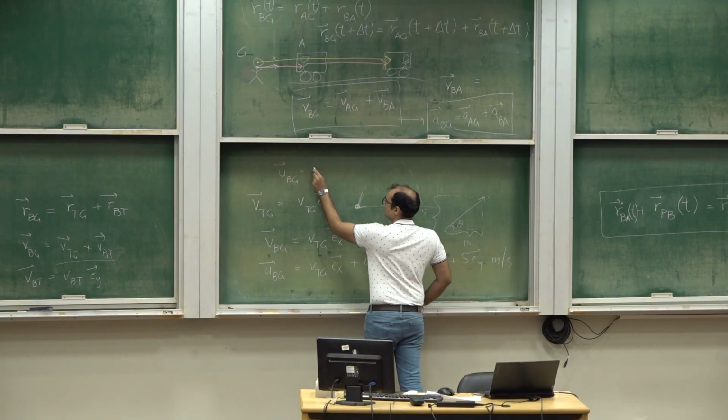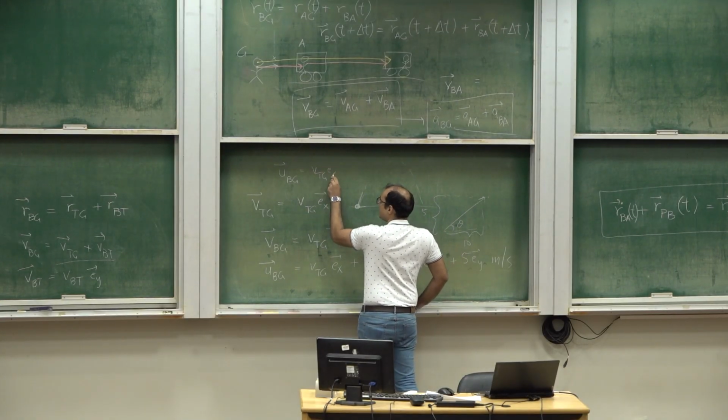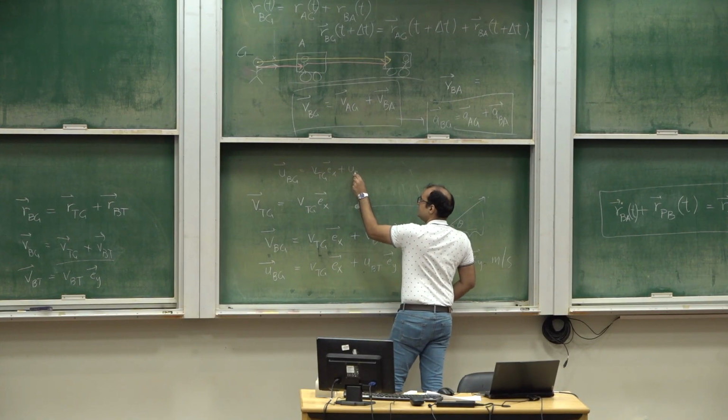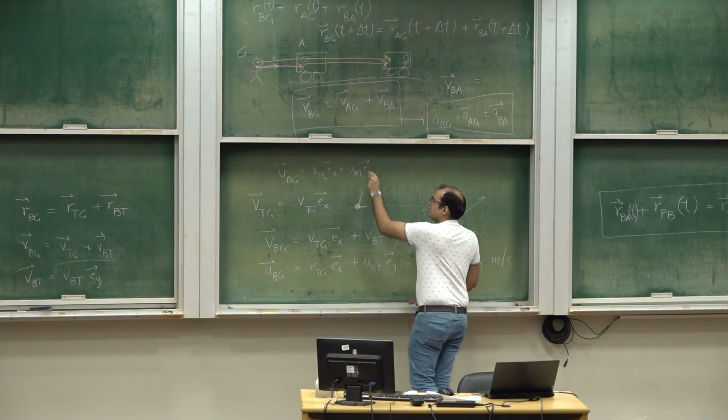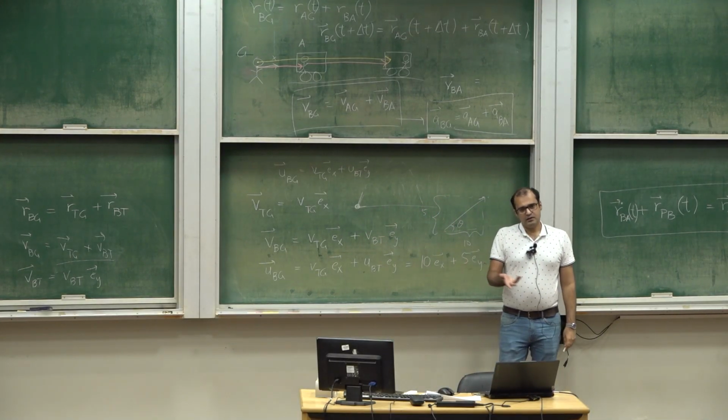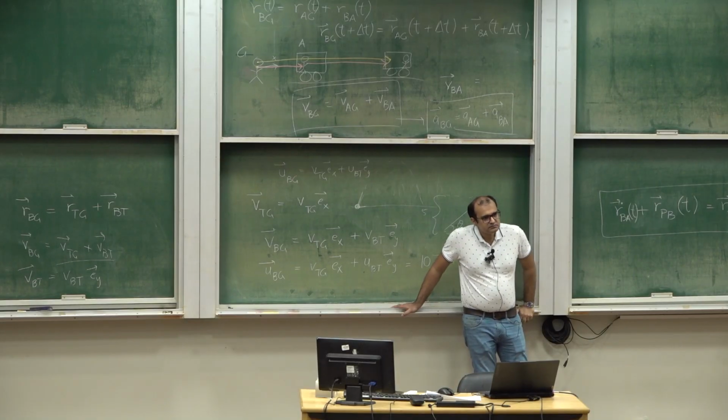Well, we know that. That is VTG ex plus UBT ey. Okay. What's the acceleration of the ball according to the ground? Which one? What's the acceleration of the ball according to the ground? What force is acting on the ball?